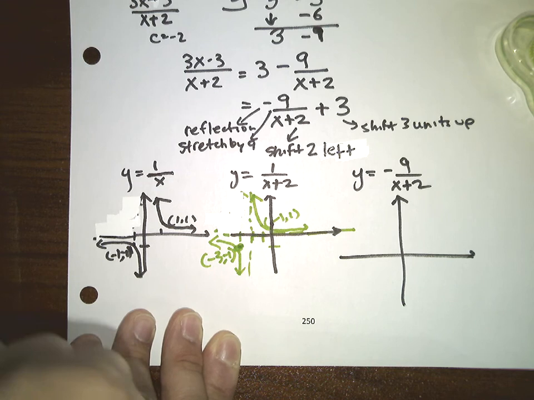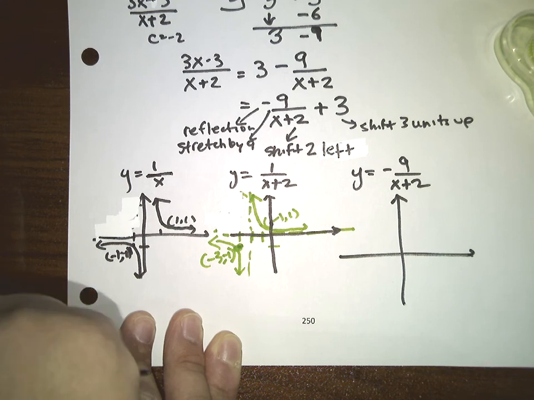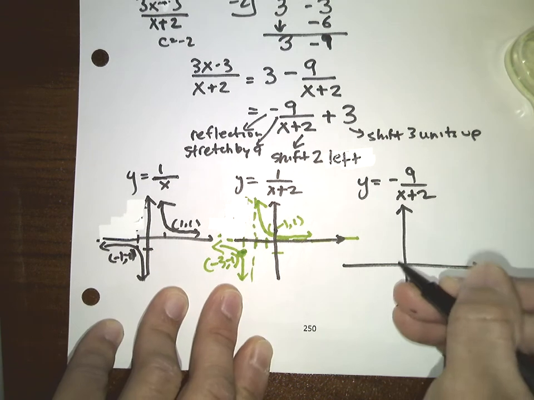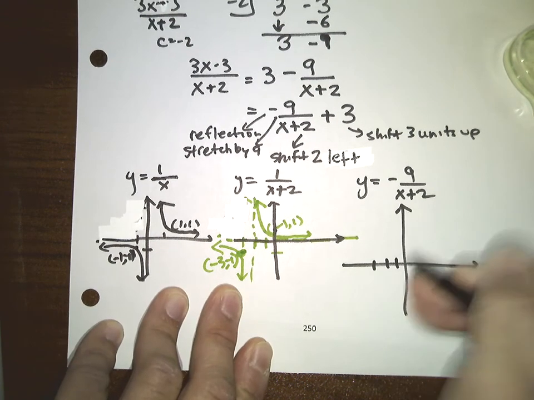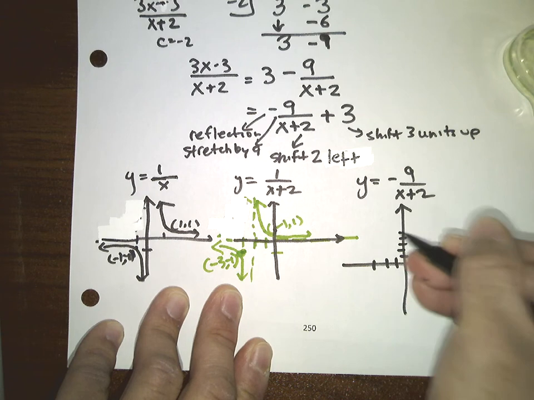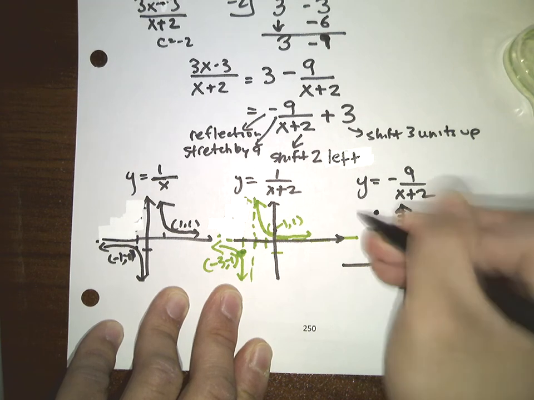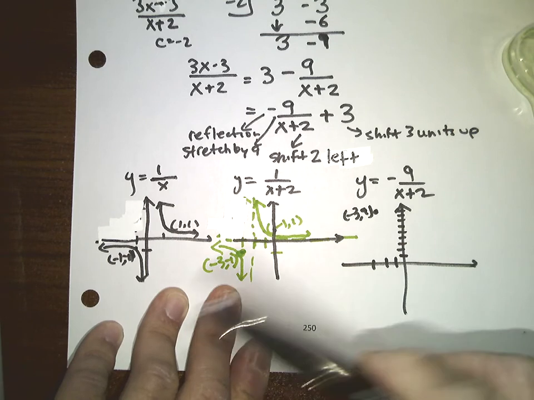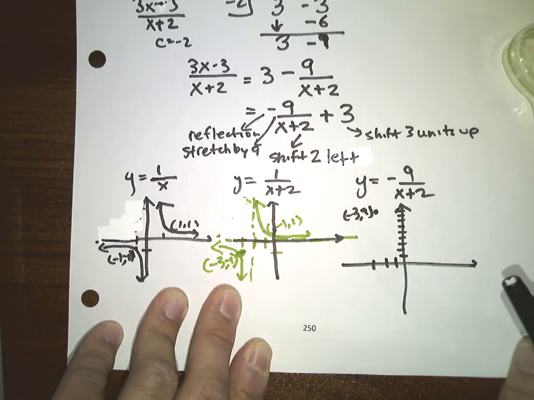I want to make sure I don't do the arithmetic wrong. All right, so negative 3, 9. So 1, 2, 3, 4, 5, 6, 7, 8, 9. So negative 3, 9.